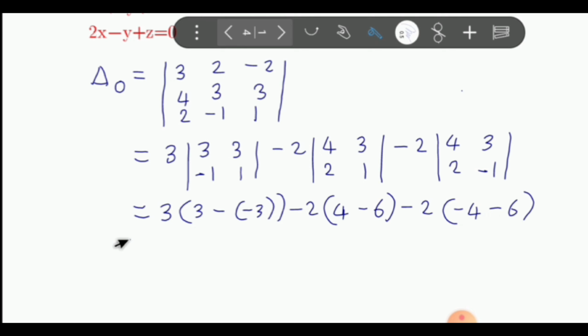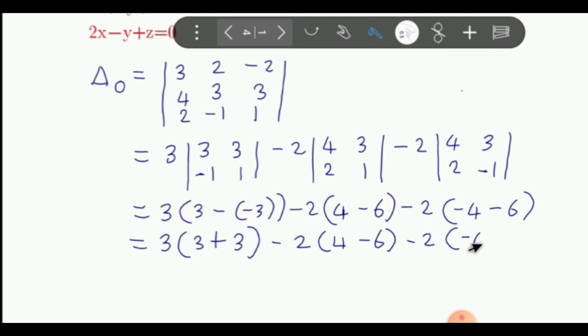So here will be 3 bracket 3. Minus times minus is what? Plus. Plus 3. Close the bracket. Then minus 2, 4 minus 6, close bracket. Minus 2 again, minus 4 minus 6.